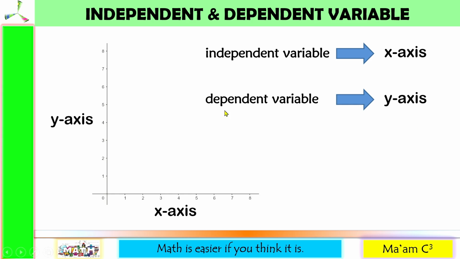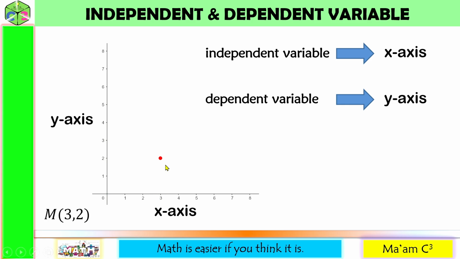To help you remember this, let us have an example. Let us say you have a point M with coordinates 3, 2. What are you going to do to plot this point? Isn't it from the origin, since 3 here is positive, you are going to move 3 units going to the right. And then since 2 here is positive, you are going to move 2 units going up.